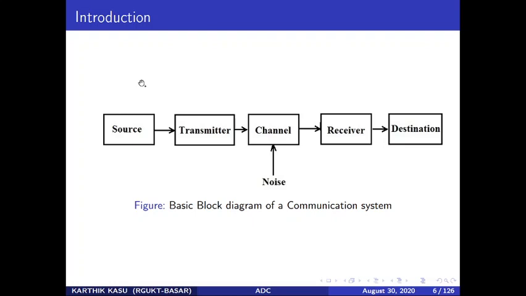Suppose you take mobile communication. What are you transmitting using mobiles? You're transmitting your voice or speech. How are you transmitting? By modulating. In this transmitter, we do something called modulation. After modulation, we transmit over a channel.